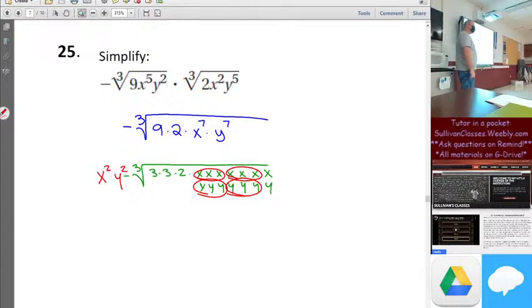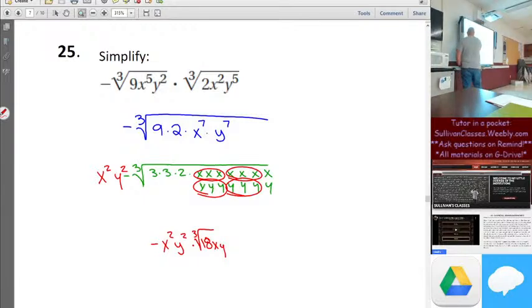I don't have enough to take any 3's or 2's out. So I'm going to write that as negative x squared y squared cube root of 18xy. Because I'll jam it all back together.